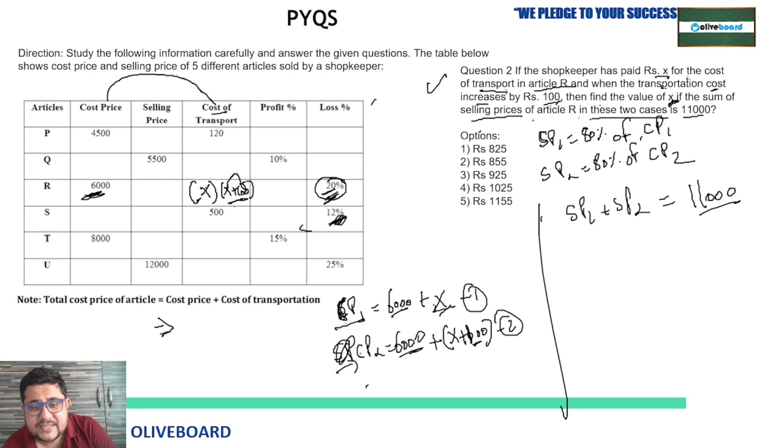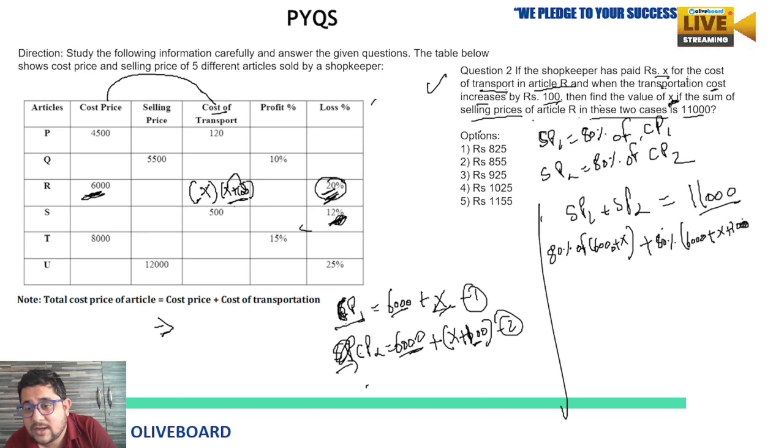That is going to be 6,000 plus X. So 80% of (6,000 plus X) plus SP2. SP2 is 6,000 plus X plus 100, so here also you have to calculate 80% of it, equal to 11,000. Now just calculate 80% of 6,000.